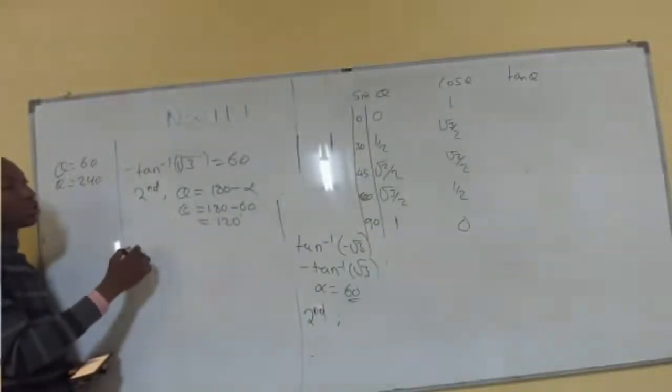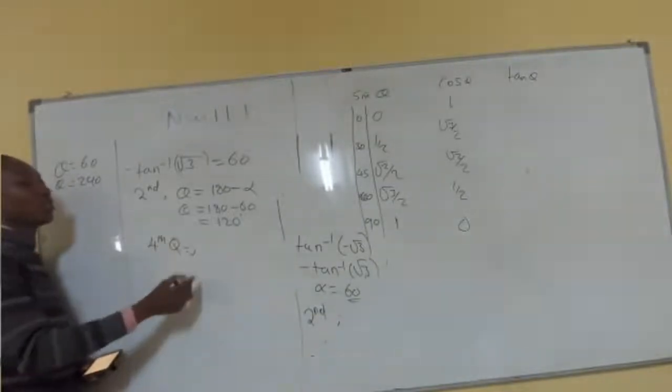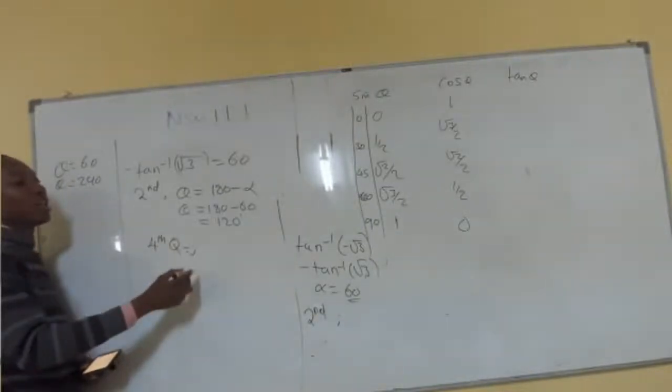It's also negative in the fourth quadrant, where the formula is theta equals 360 minus alpha, so theta is 360 minus 60, which is 300 degrees.